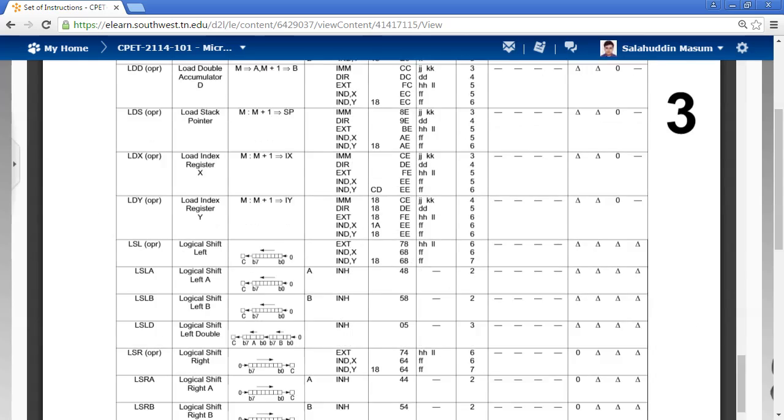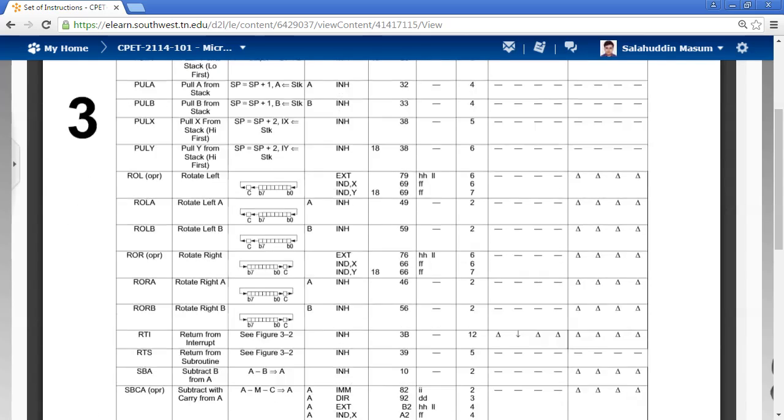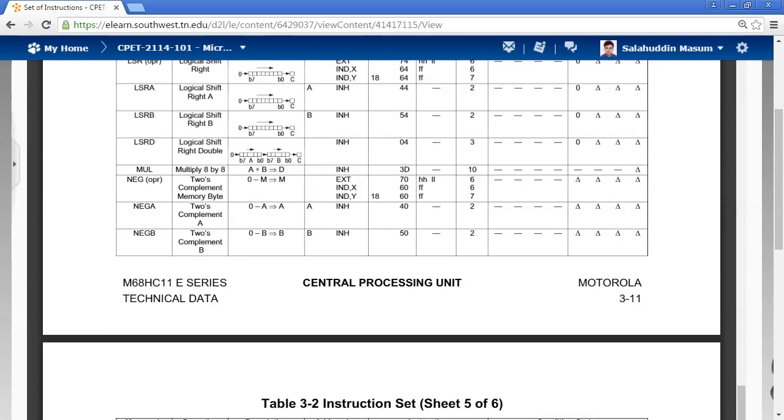N should be a little bit farther. Okay, now, here is your NEG. Do you see NEG here? Now, every instruction supports some specific addressing modes, which are listed in column 4. Look at the 3 modes it supports. Does it have any direct mode?